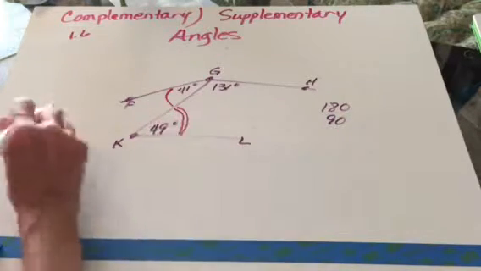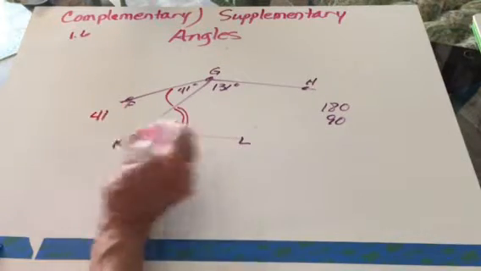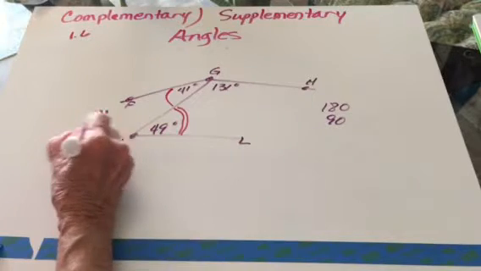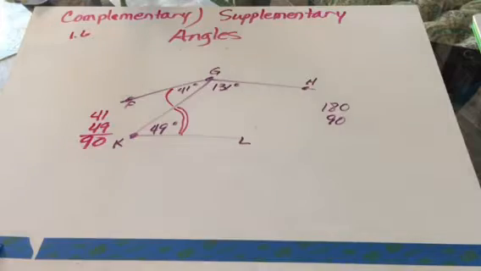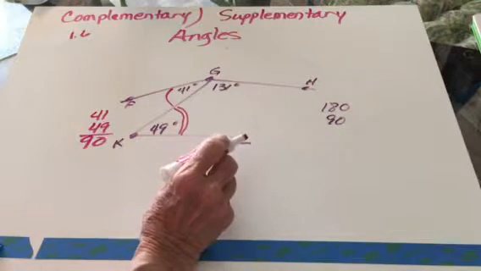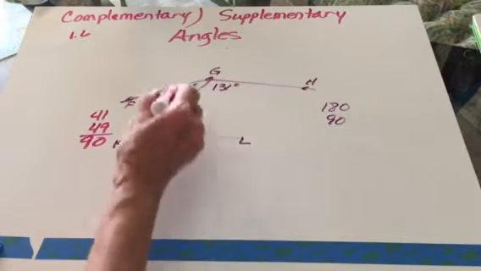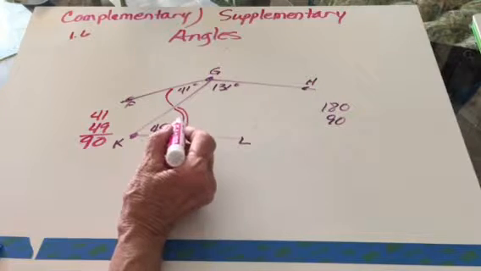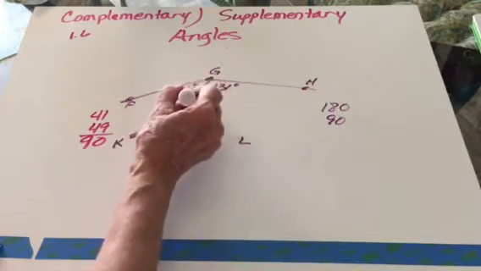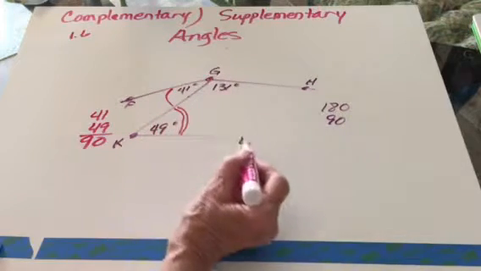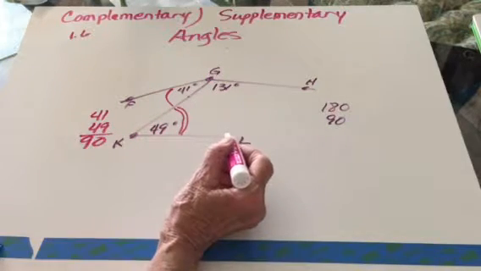What is 41 plus 49? 10, carry the 1 is 90. It's 90. Now, can you see that? Do you see that? And they kind of have a line that's adjacent. I mean, they're both using this line, the GK line.